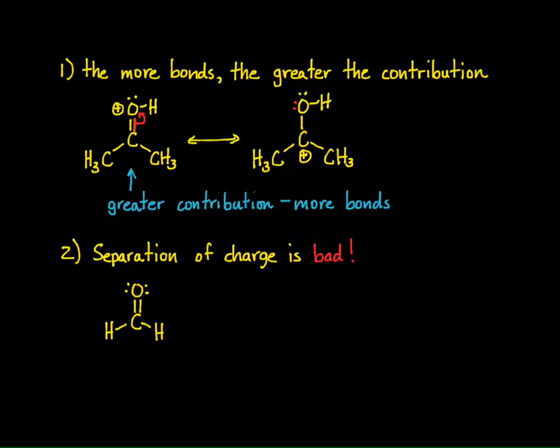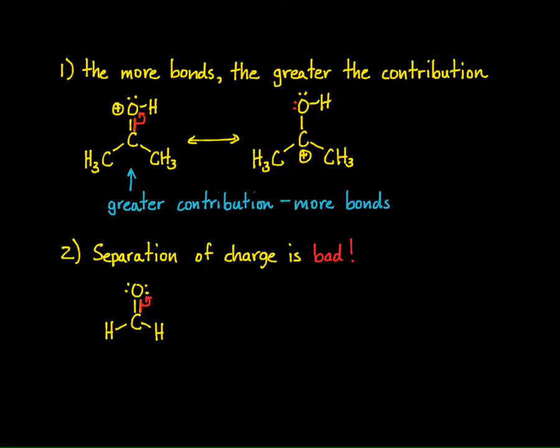This is formaldehyde. So carbon has a single bond to each hydrogen and a double bond to oxygen. Now, I can again move electrons from that carbon-oxygen bond to oxygen.